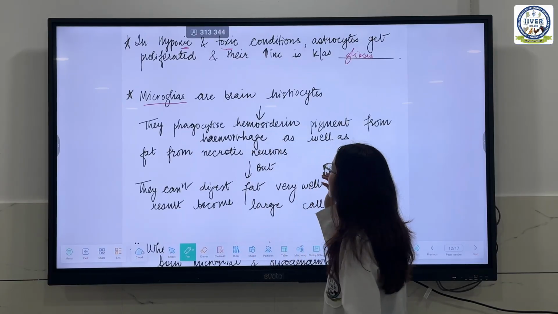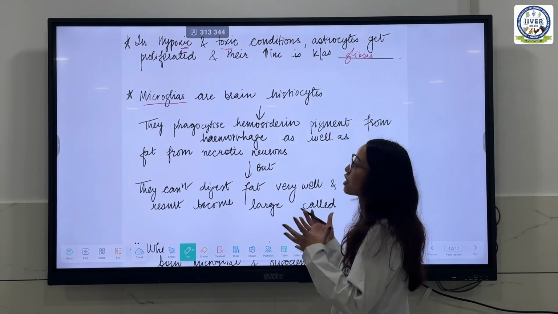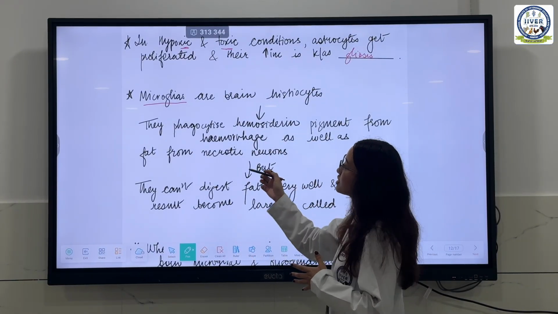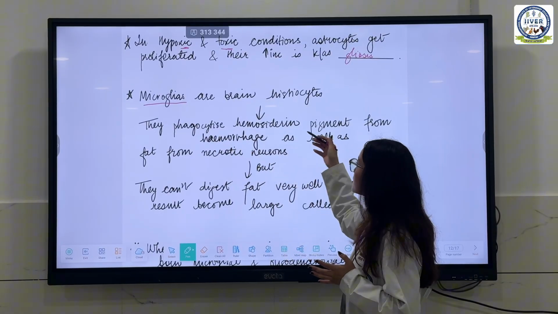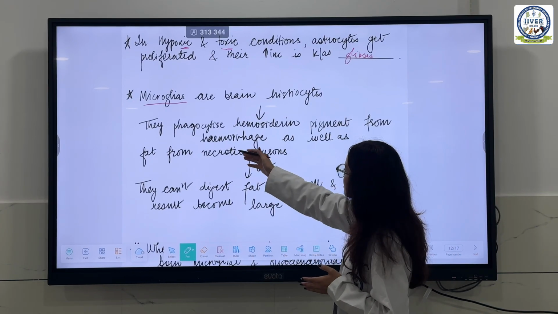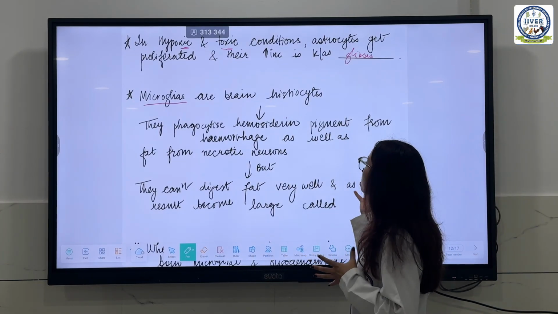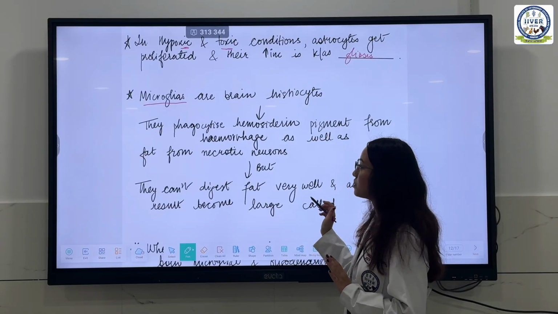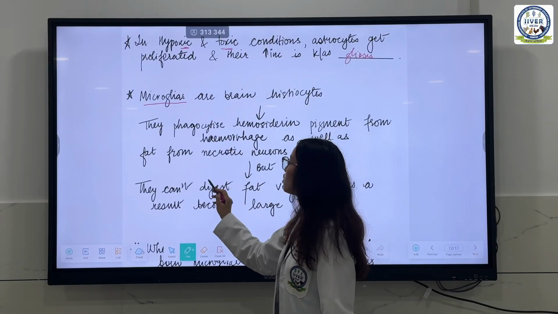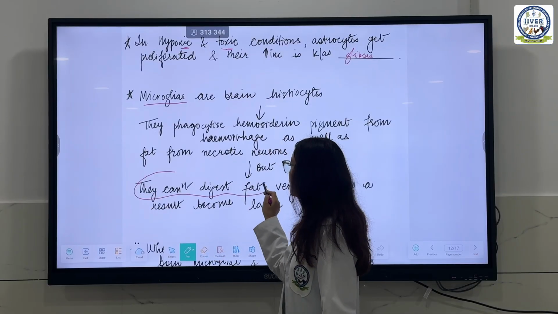The next one we have is microglials. Microglials are basically brain histiocytes, meaning they are the macrophages of the brain. Their main function is to phagocytize hemosiderin pigment from hemorrhages, as well as phagocytize fat from the necrotic neurons. But these microglial cells cannot digest fat very well.